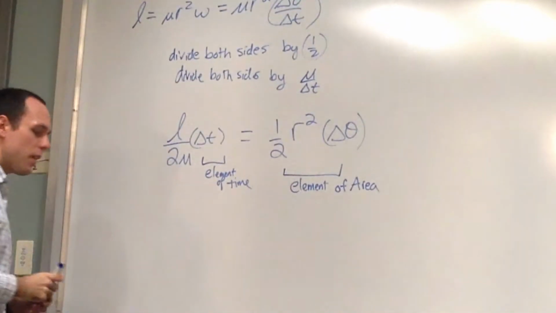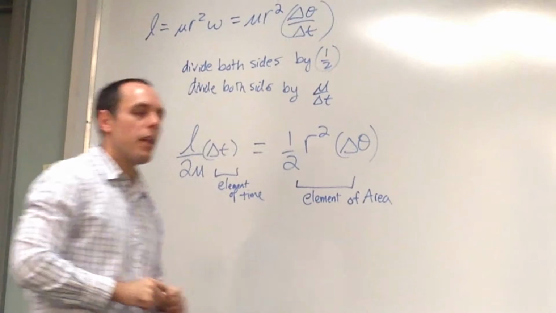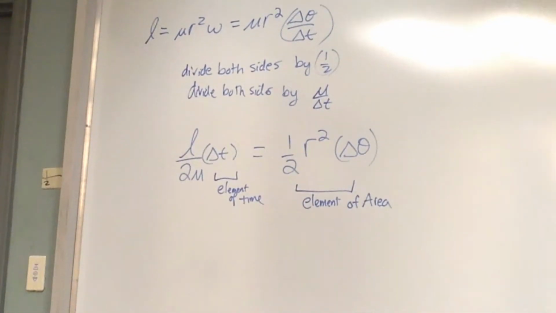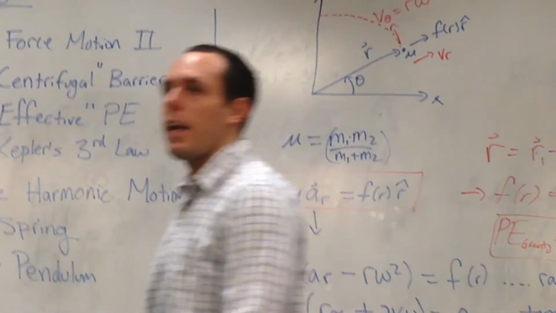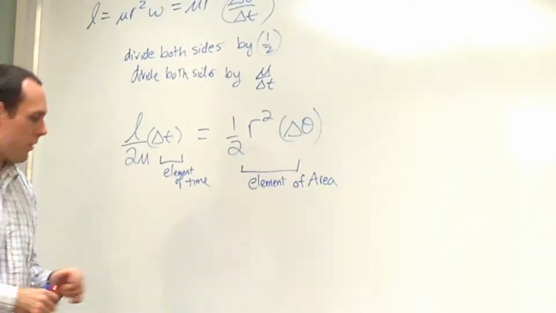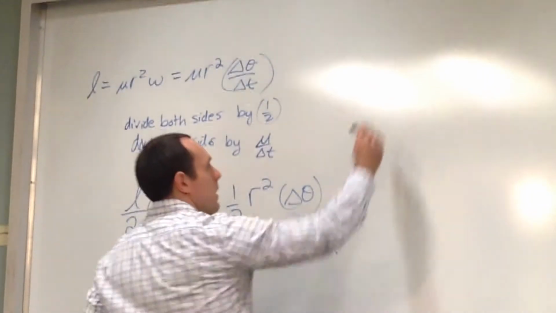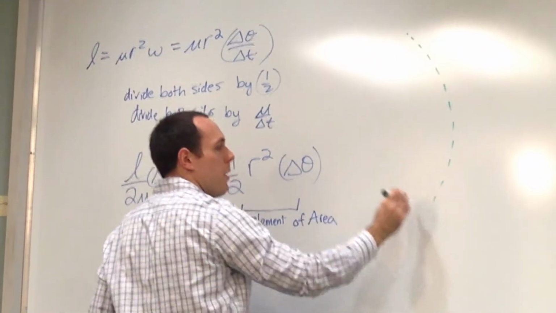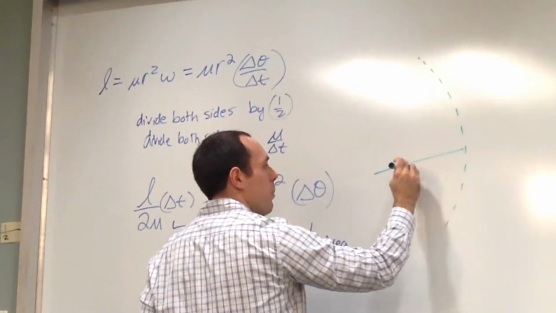And for those of you who have taken calculus before, you realize that if you have a small area on one side and time on the other, you can integrate them. For those of you who don't know that, let's take some part of a circular, near circular orbit.